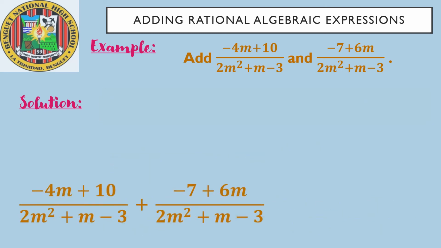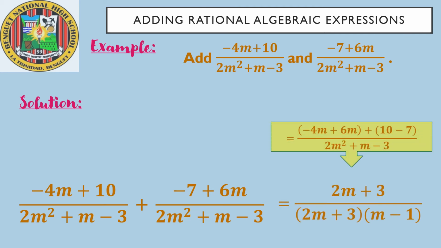After combining similar terms, we add negative 4m and 6m and 10 minus 7 to get the numerator 2m plus 3, with of course the same denominator 2m squared plus m minus 3.